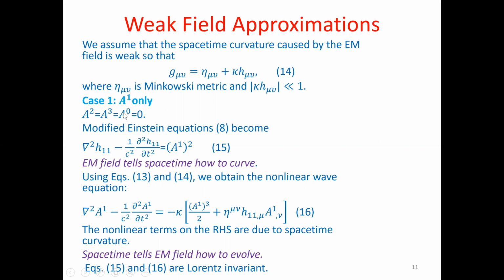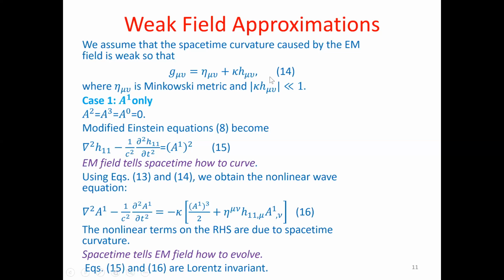This corresponds to an electromagnetic wave with its electric field in x direction and magnetic field in y direction. So in this case, modified Einstein equations reduce to this form. The left-hand side is the wave equation, and the square of the electromagnetic potential is the source on the right-hand side. This corresponds to the part EM field telling space-time how to curve.